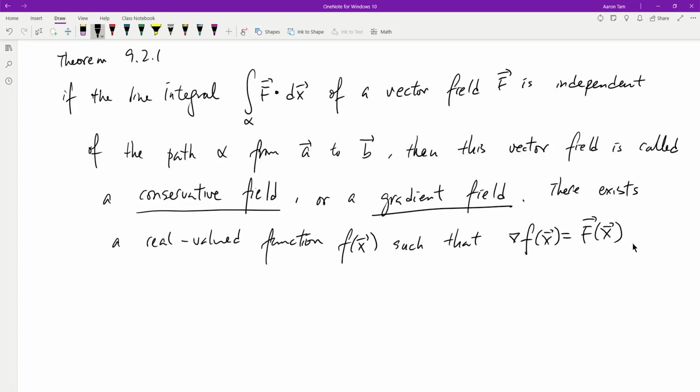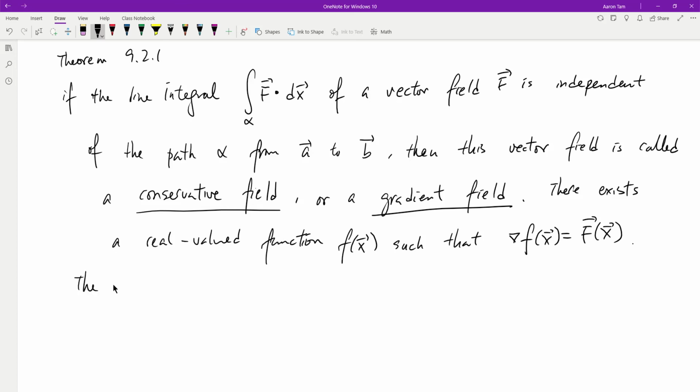So therefore, if you have a path independent vector field, or a conservative field, or a gradient field, remember these three words are all exactly the same, there must be a quote-unquote antiderivative of this vector field. And that's what the lowercase function f is.